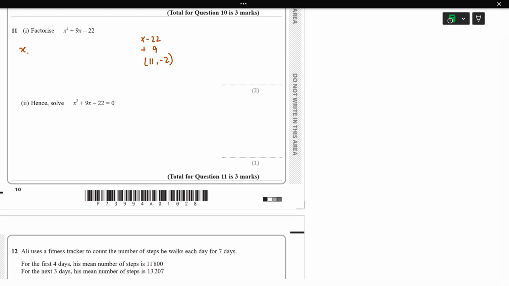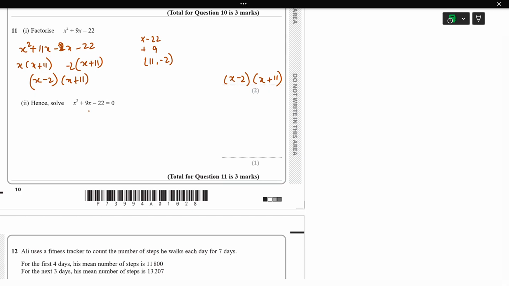I'll expand this: x squared plus 11x minus 2x minus 22. Taking x common, x plus 11, and negative 2 outside. So x minus 2 and x plus 11 are the factors.